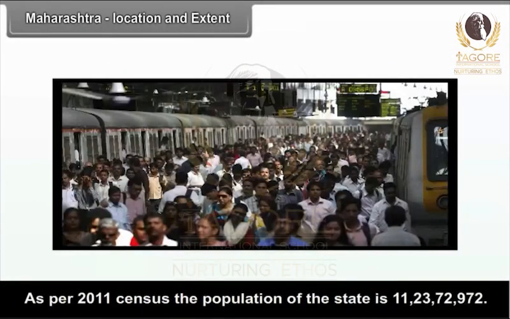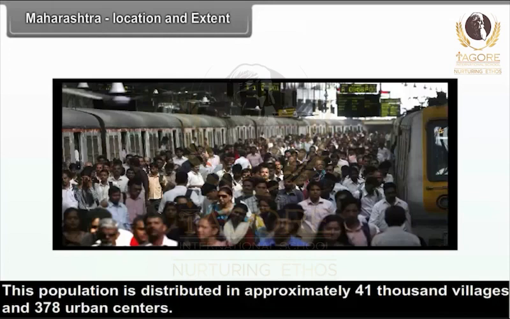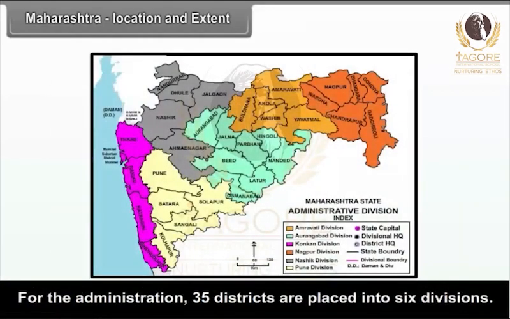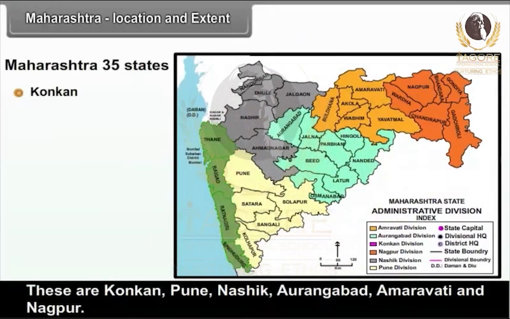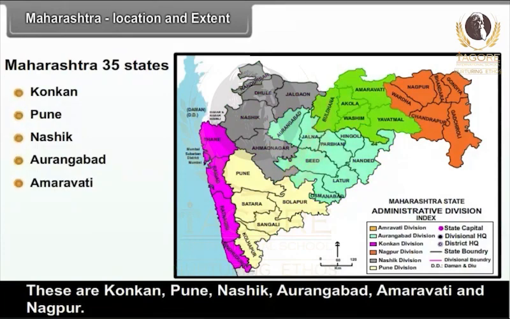As per the 2011 census, the population of the state is 11 crores 23 lakhs 72,972. This population is distributed in approximately 41,000 villages and 378 urban centers. For administration, 35 districts are placed into 6 divisions. These are Konkan, Pune, Nasik, Aurangabad, Amravati and Nagpur.